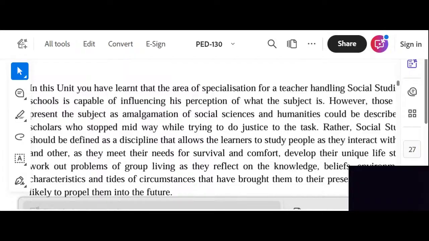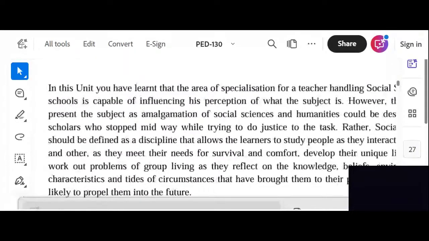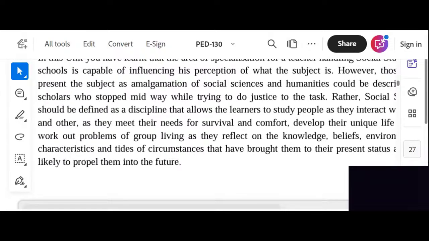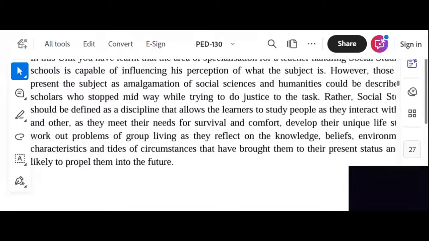So your specialization is a reflection of what you believe social studies to be, or how you will handle the teaching of social studies. However, those who present the subject as an amalgamation of social sciences and humanities could be described as scholars who stop midway while trying to do justice to the task.